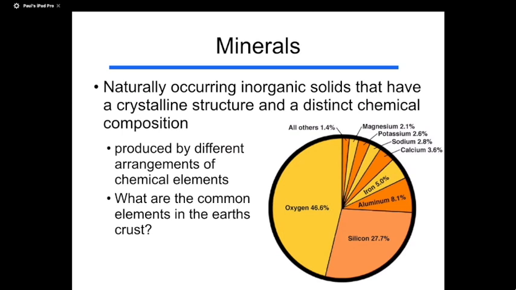Then you have other stuff like aluminum and iron, calcium, sodium, potassium, magnesium, all those metals, and they will create new compounds. The rest of the periodic table is in that tiny little sliver. There are other elements in rocks and minerals, but they're not a large component. The two main ones, silicon and oxygen, you do need to know.